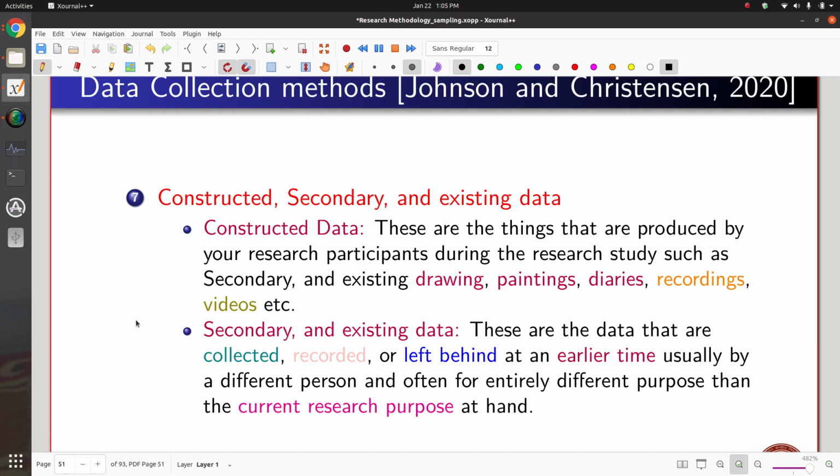So for example, suppose you want to study the behavior of some of the participants, and you just give them something to draw, to write something, all that. So that kind of data that your participants are generating, like in form of drawing, painting, diaries, recordings, videos, or other kind of stuff, then such data is called constructed data.